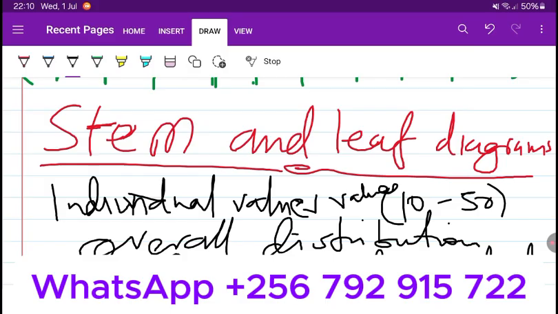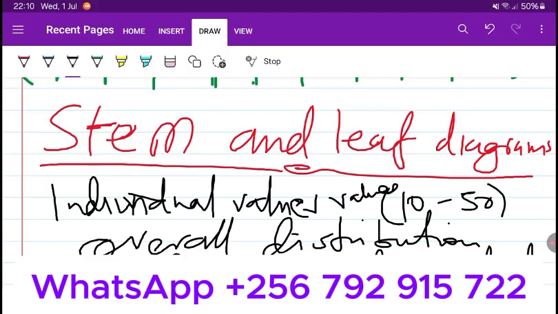So we want to have a detailed analysis of the distribution, not necessarily of how broad the trends look. So it focuses on getting information about the individual items.